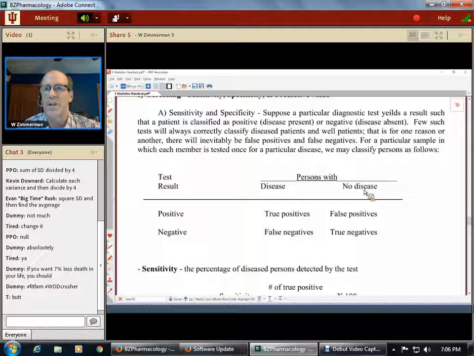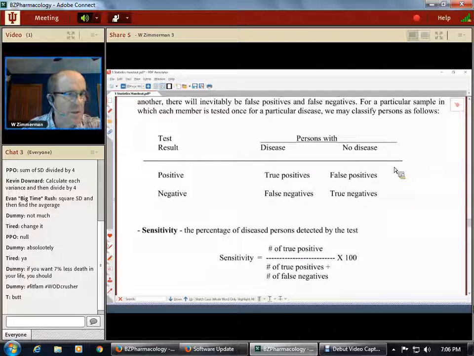Suppose a particular diagnostic test yields a result such that a patient is classified as disease positive or negative. Nominal data. Few such tests will correctly classify everybody. For one reason or another, there's some false positives and false negatives. For a particular sample in which each member is tested for a particular disease, we can make the following assessment.